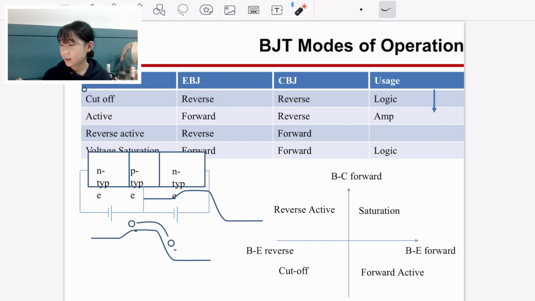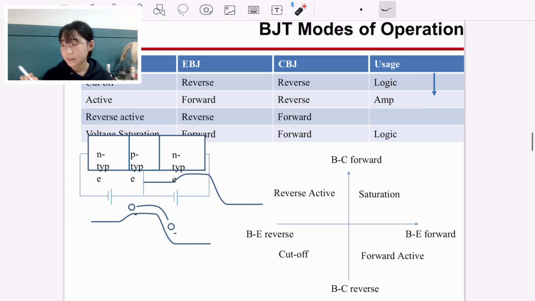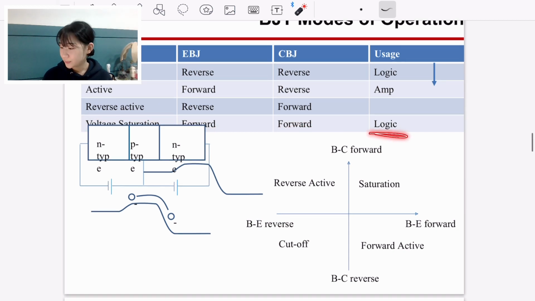We can use this by logic gate. And if we give reverse bias in EBJ and forward bias in CBJ, then it is reverse active. And forward-forward is saturation mode. It can be used in logic gates also.